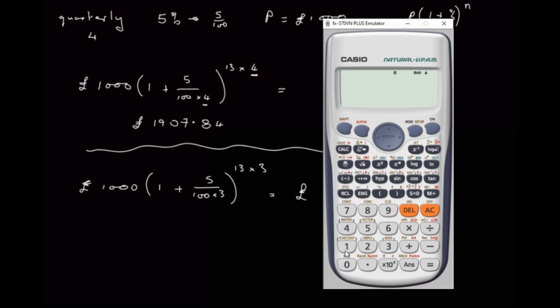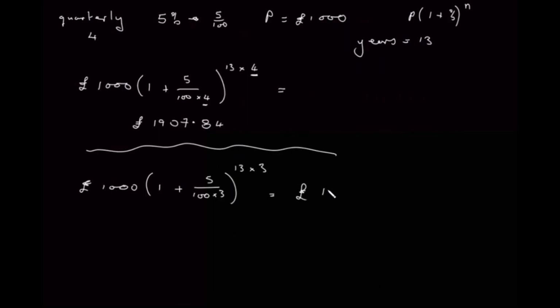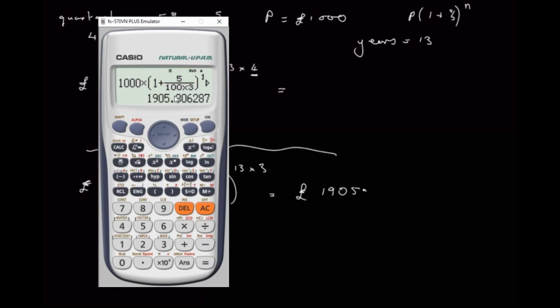clear that lot, there's your principal sum, multiply that by 1, always have 1, plus the fraction, 5, come downstairs, we have 100 times the 3, come out of the fraction, close the bracket, raised to the power of 13 times 3, come out of that, and we get this value here, 1905. 1905, and decimals are 1, 2.